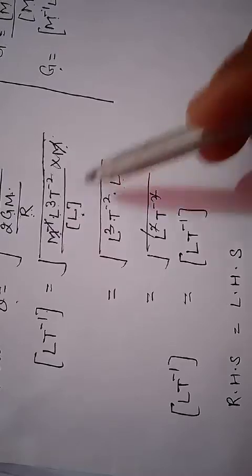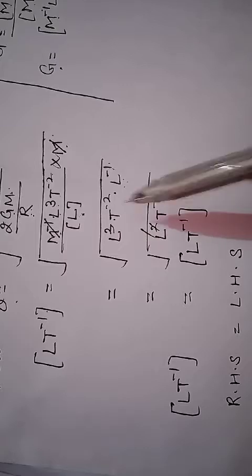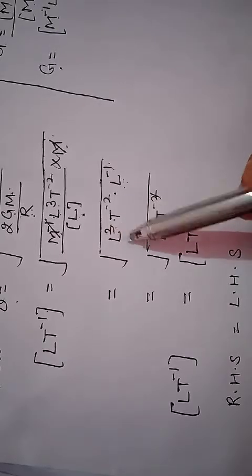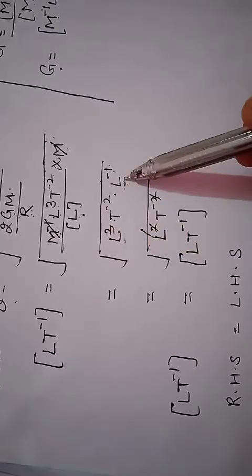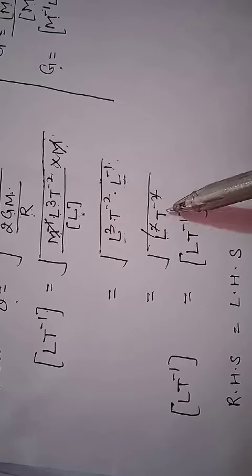Bases are the same, so powers are added: 3 minus 1 is 2, so L square and T minus 2.